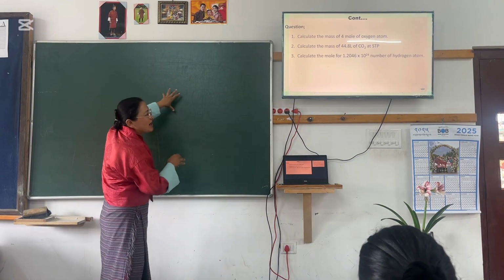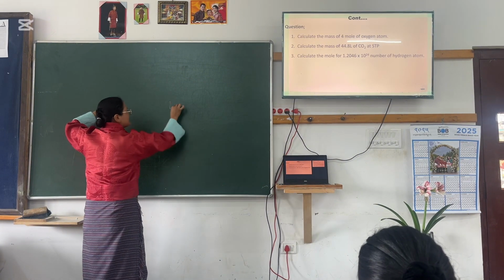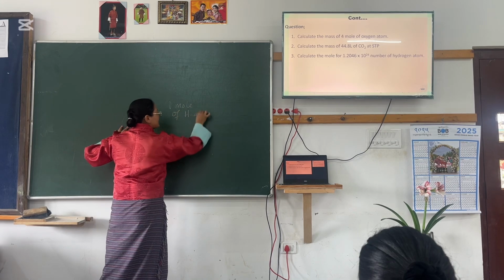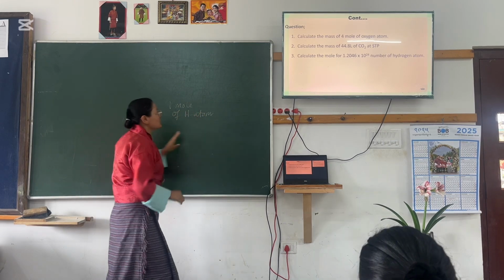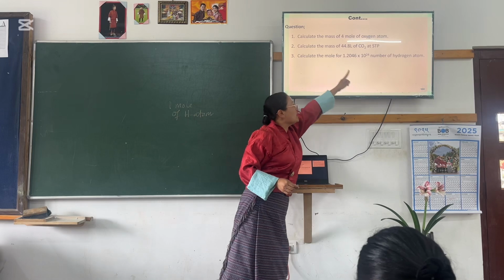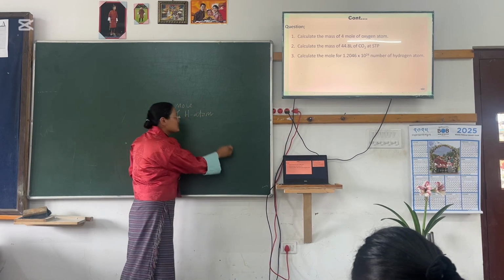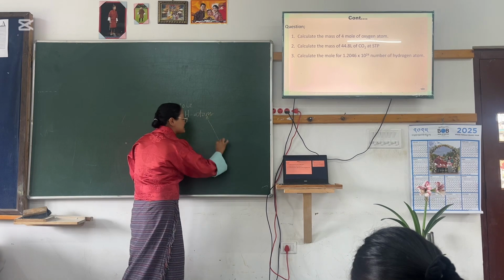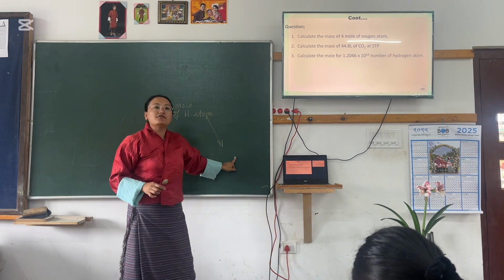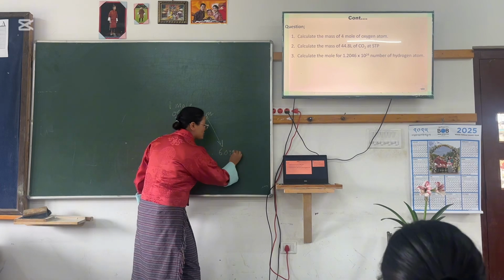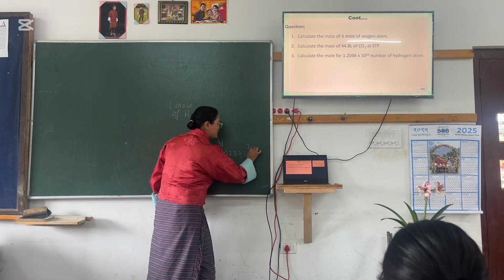So you have 1 mole of hydrogen atoms. It is between mole and number of particles. So 1 mole of hydrogen atoms, in terms of Avogadro's number, the particles is 6.023 times 10 to the power 23.